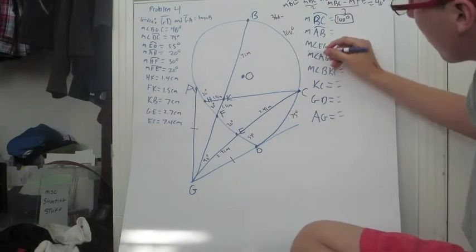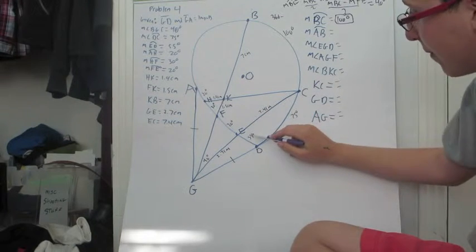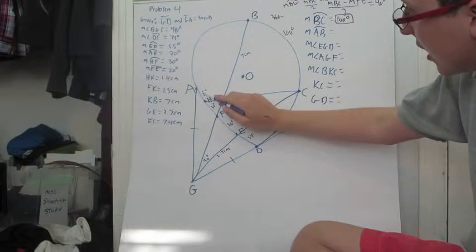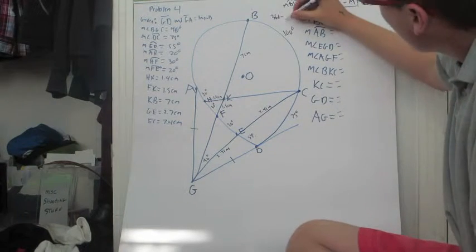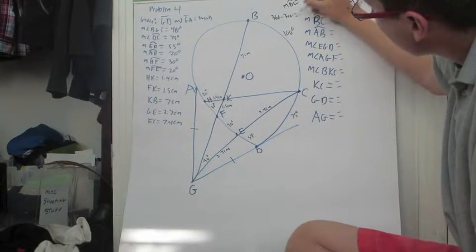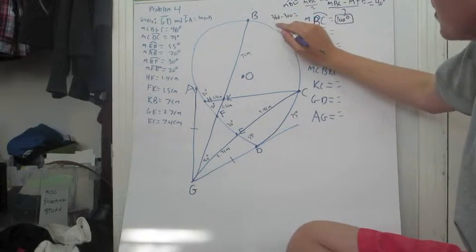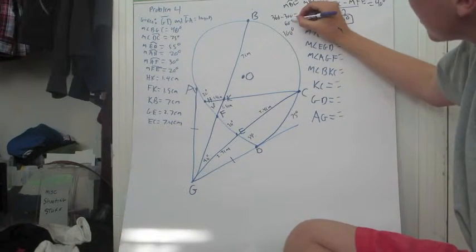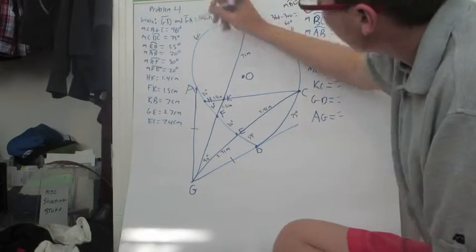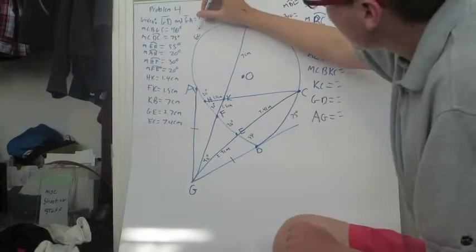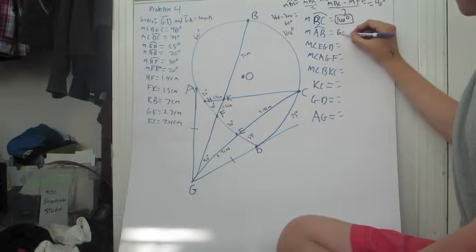So if we add up all these parts, 100, 75, 55, 20, 30, and 20, we would get 300 degrees for those parts. And if we take 360 minus 300, we get 60 degrees as this last part. So the measure of arc AB is 60 degrees.